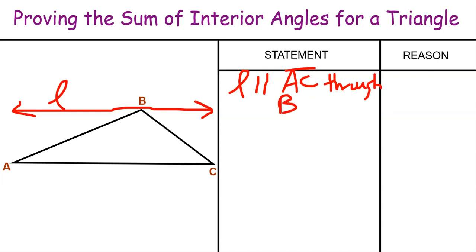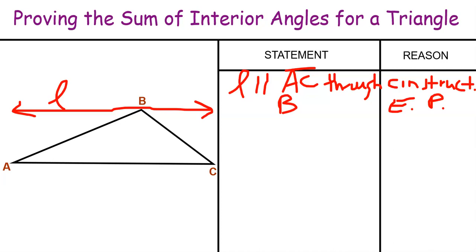L parallel to AC through B, and that reason is because of either construction, which I'll just abbreviate to construct here, or you can also call it the Euclidean postulate, because the Euclidean postulate tells us that we can construct that.